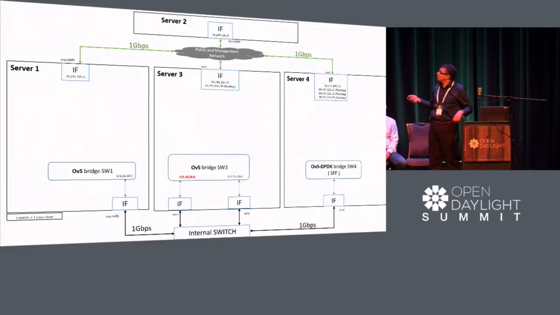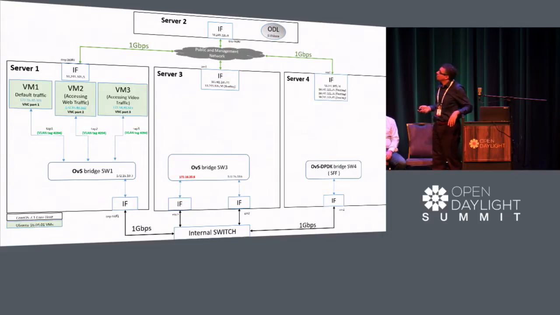And on top of those, you have your Open vSwitch bridges on server 1 and server 3, while on server 4, it's an OVS DPDK enabled switch. And please note, SFF here is a service function forwarder, which forwards the data through the different nodes in a path. We have ODL residing on server 2, and we have the 3 user VMs on server 1, as well as the web server.